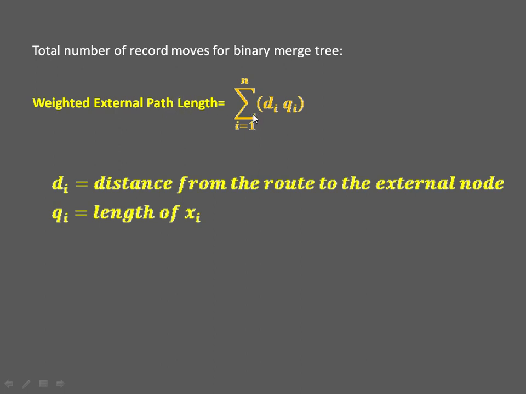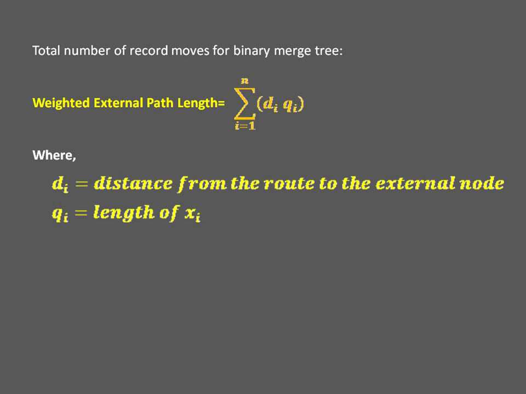Here di is the distance from the root to the external node and qi is the length of xi. These external nodes are represented with square nodes in the binary merge tree. So this is the formula to find the total number of record moves for the binary merge tree, and we will use this formula within the example.